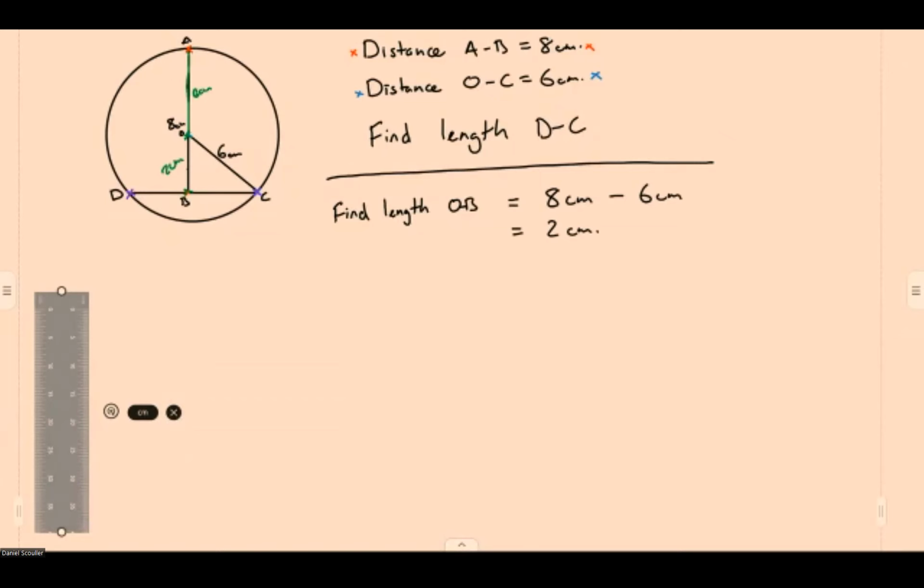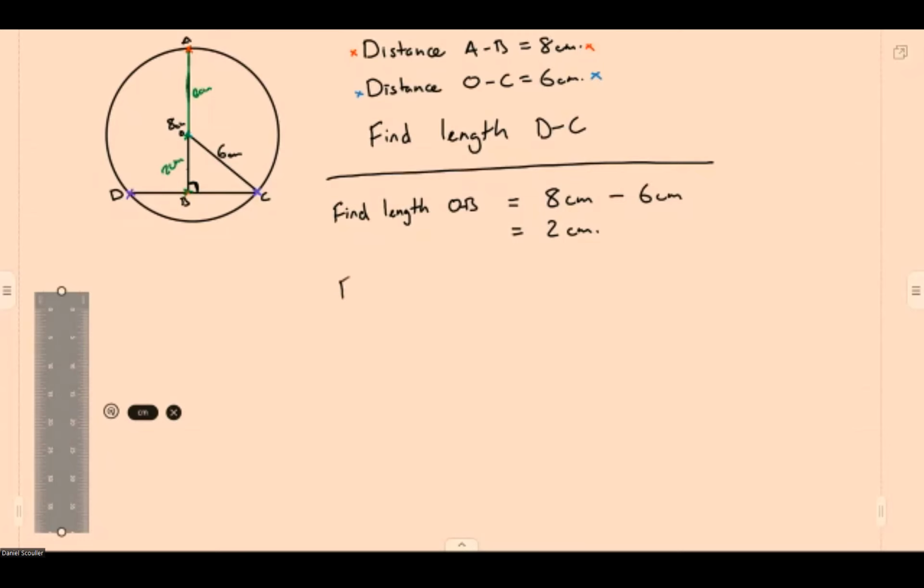Now that line OB cuts the chord in half. That tells us that that angle in there is a right angle. So we've now got two sides of a right angle triangle.